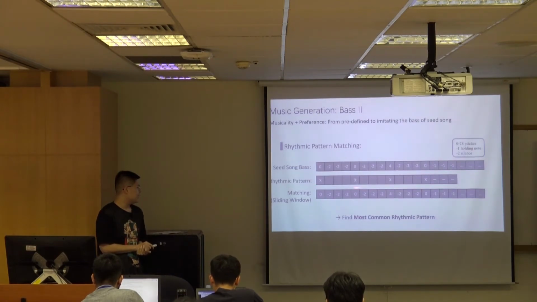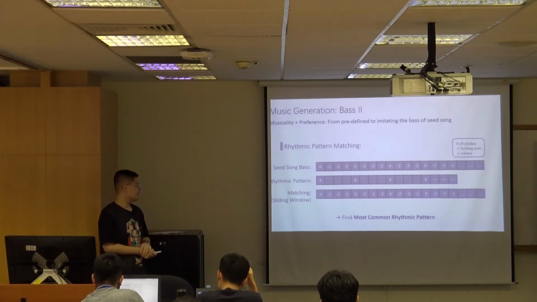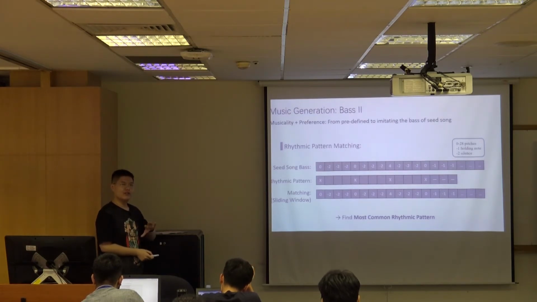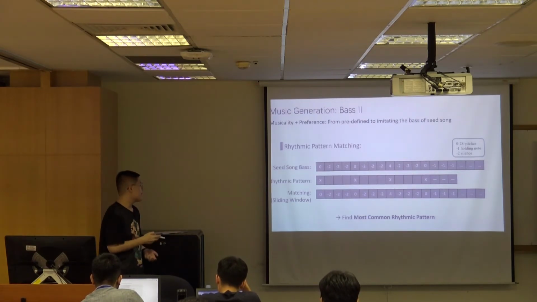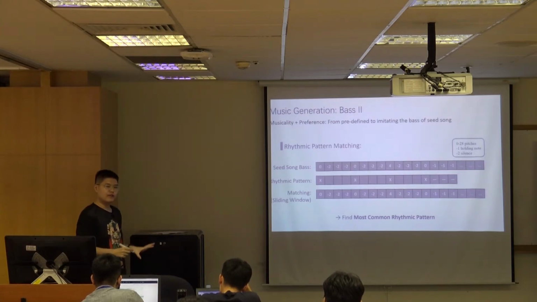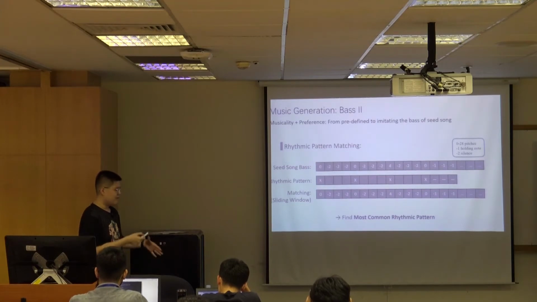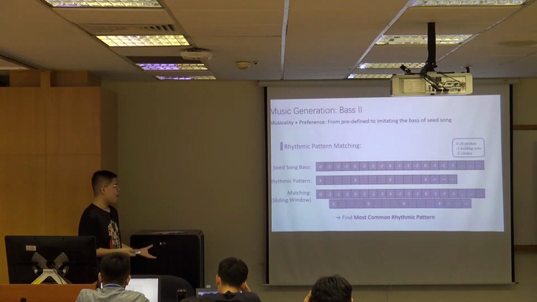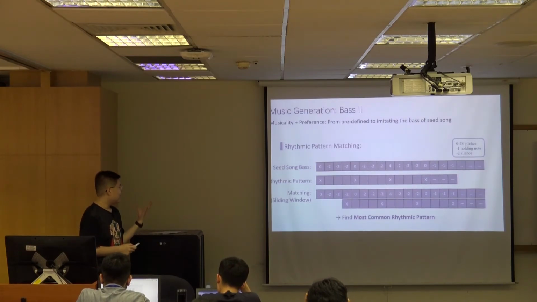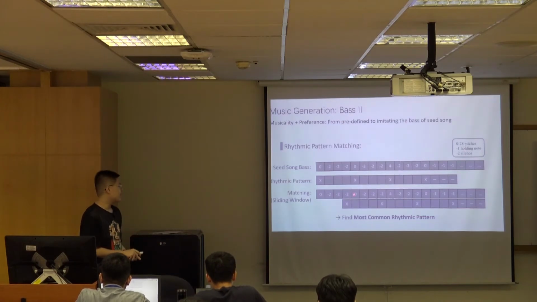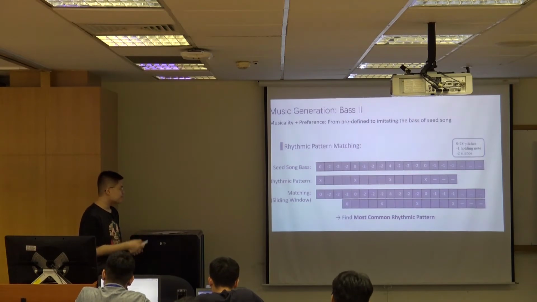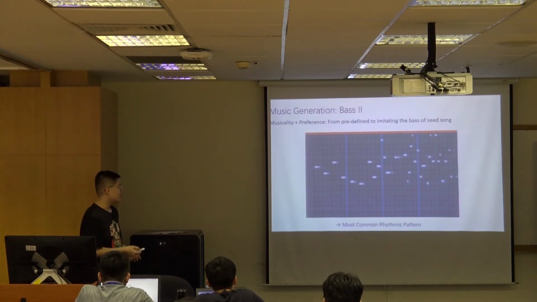So it has nothing to do with pitch. It's just the time slot where a new bass note is turned on. Then in each phrase, we use sliding windows to match the rhythmic patterns, count the occurrences of all possible rhythmic patterns, and find the most common one as the pattern of the generated bass. And here is an example.